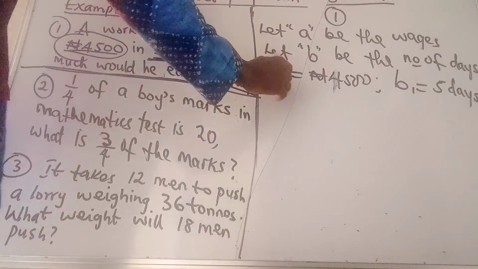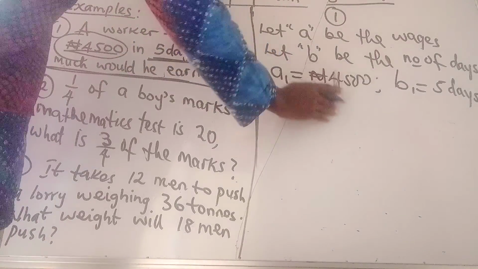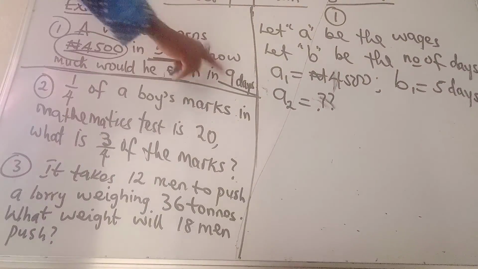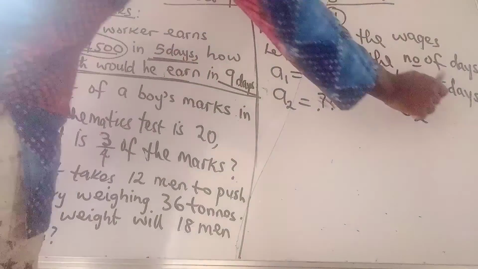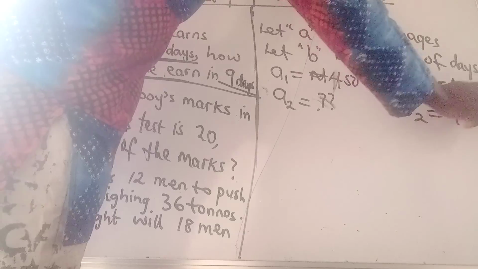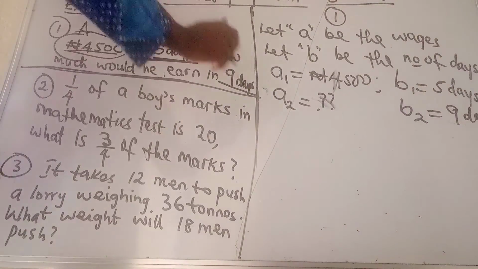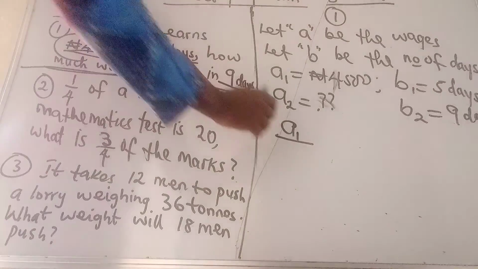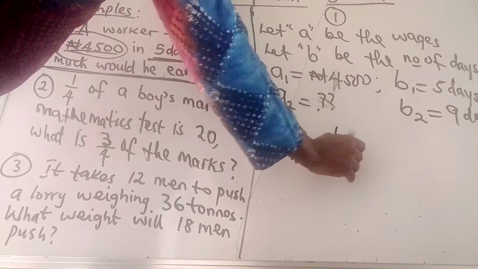That will be A2 now, with a question mark. In 9 days, that means the second given number of days, which is 9 days, will be our B2. Then employing the formula I wrote, A1 over A2 is equal to B1 over B2.